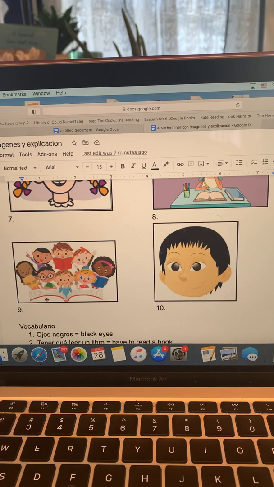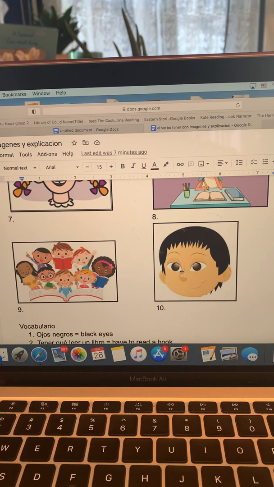Put a verb conjugated and add the word que, and then the action that they're doing. Physical characteristic. Number 10.